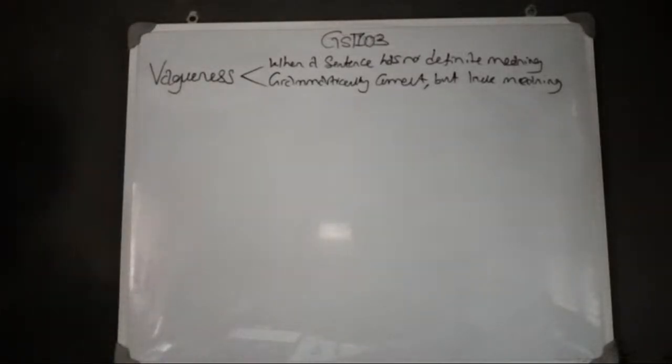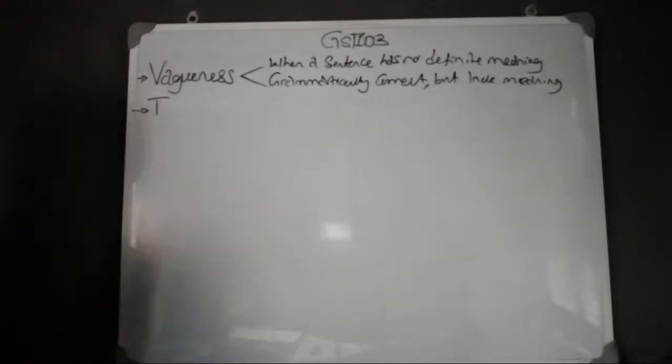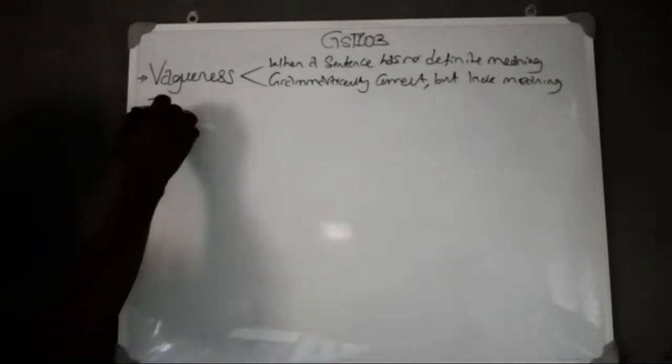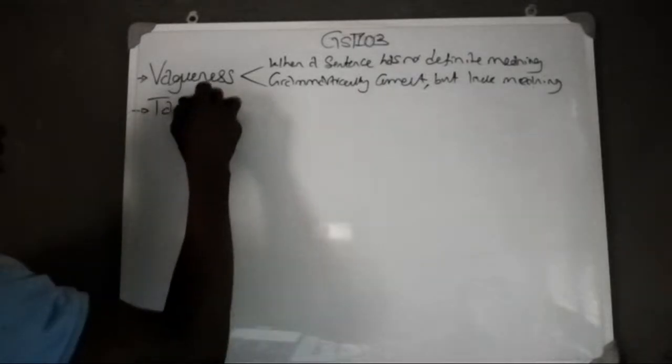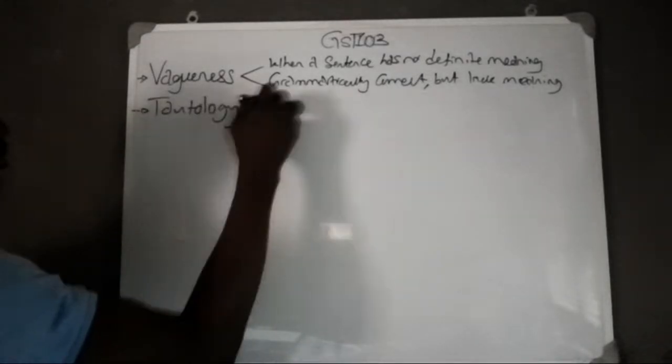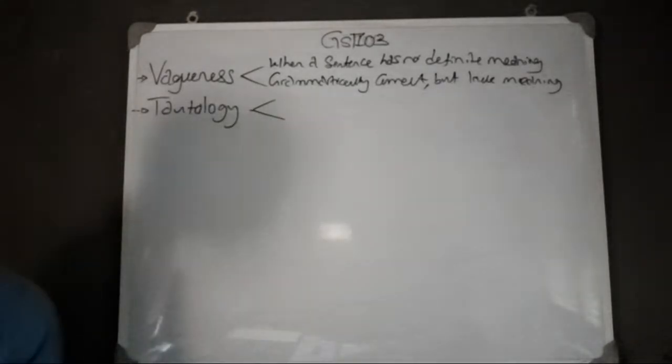Now we have tautology. I think I remember what tautology is from our MTH 105 in first semester. Now, when we say tautology, what are we referring to?